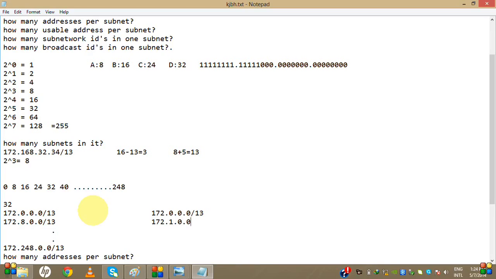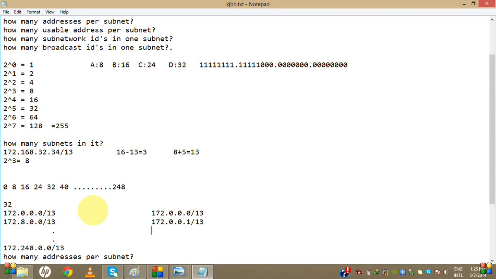172.1.0.0/13 is second. How many IP addresses are in it?